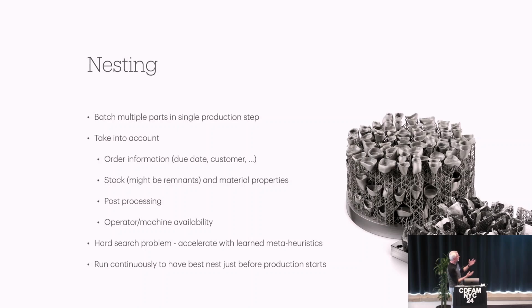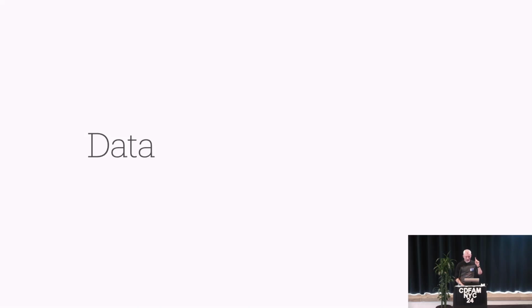If there's no operator available, you might want to have the build, for example, have multiple layers of parts so that the printer runs longer and there's no idle time. What about stock availability? There are many, many more things you want to add to the nesting optimization to then generate these optimal nests. These are very hard search problems. You can use learned metaheuristics to optimize stuff like that. So nesting, very interesting.